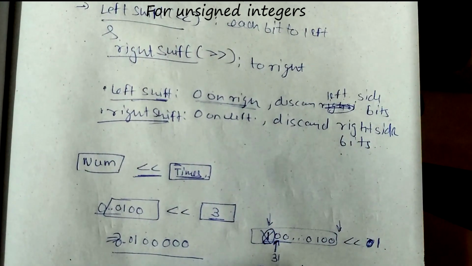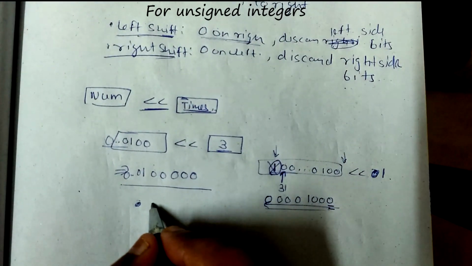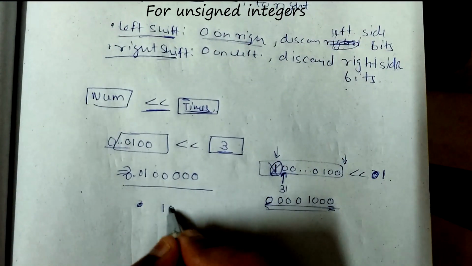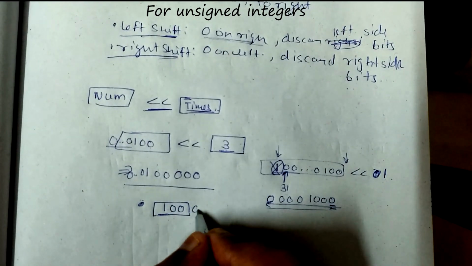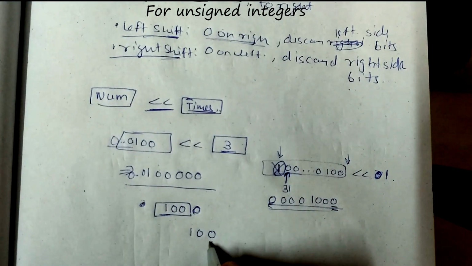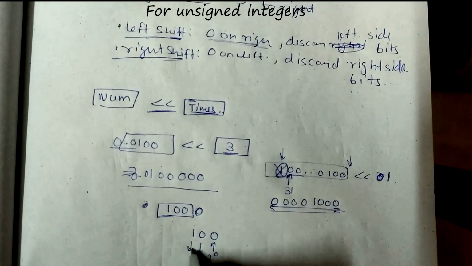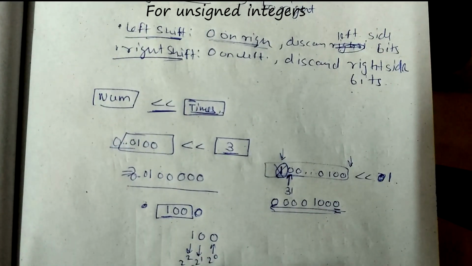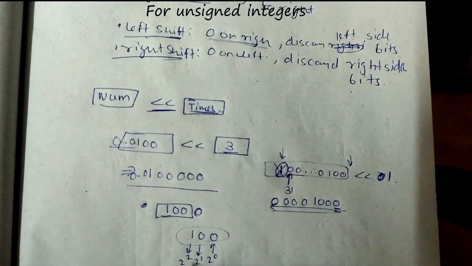Now, an interesting thing to consider here is, when we add a 0 to a binary number, what happens? Earlier this was 2 to the power 0, to the power 1, to the power 2, and we add these to get its value.